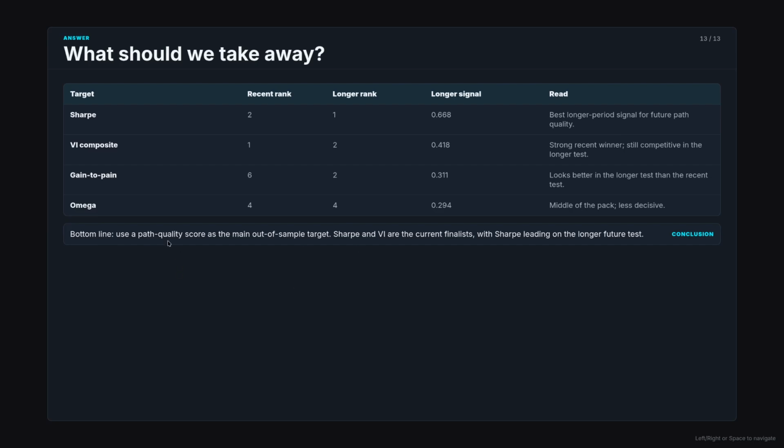So the bottom line is we wanted to use a path quality score as the main out of sample target. Sharpe and VI are the current finalists, with Sharpe leading on the longer future test. So this is the one that I would be using. Now, at the end, you might ask, okay, so why didn't you use the geometric Martin ratio as the objective directly?